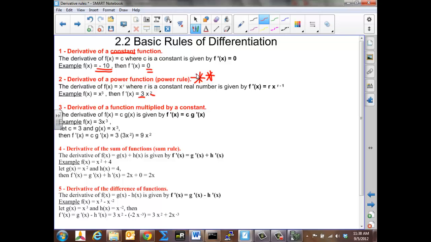So let's think about a constant line, -10. What does that line look like? If I want to graph that, it's this line right here, right? It's a horizontal line. Now talk about the slope of this then. The slope is 0 because this is flat, right?